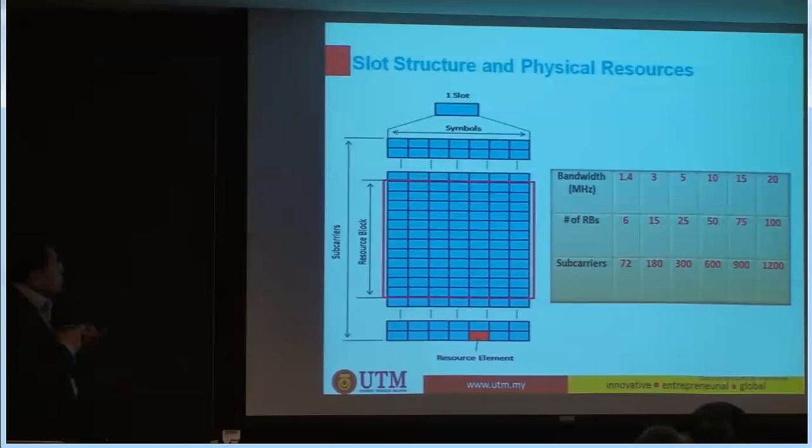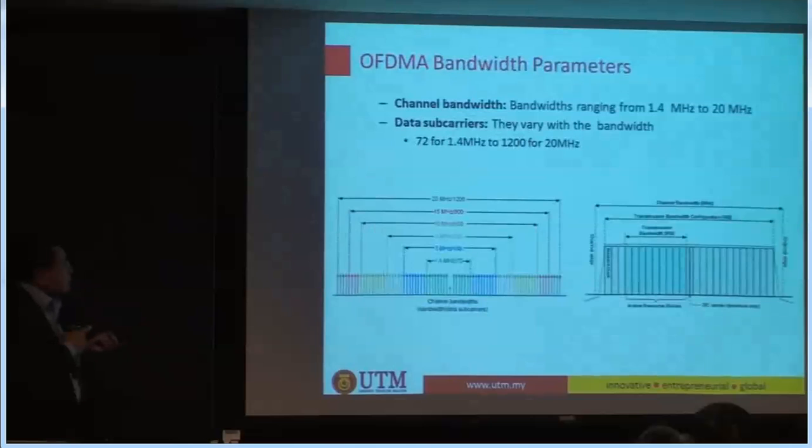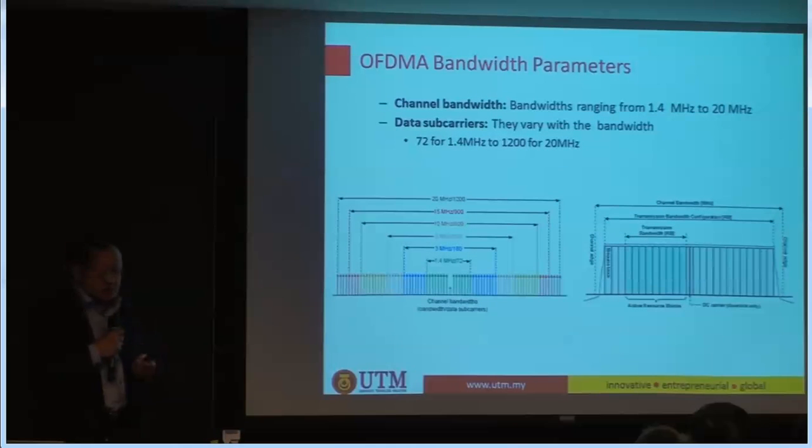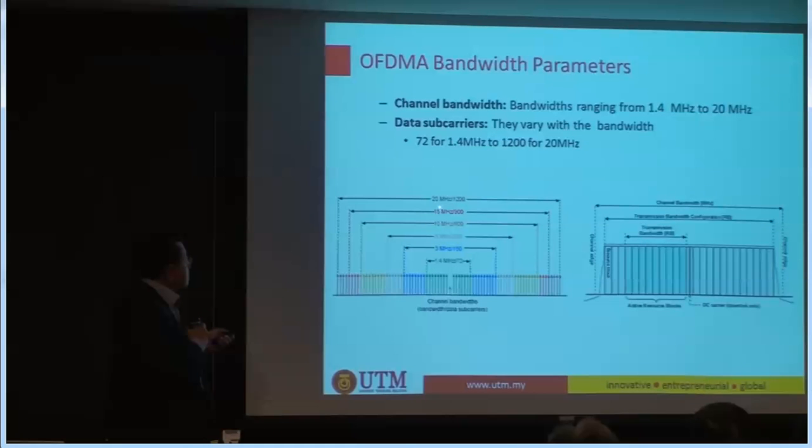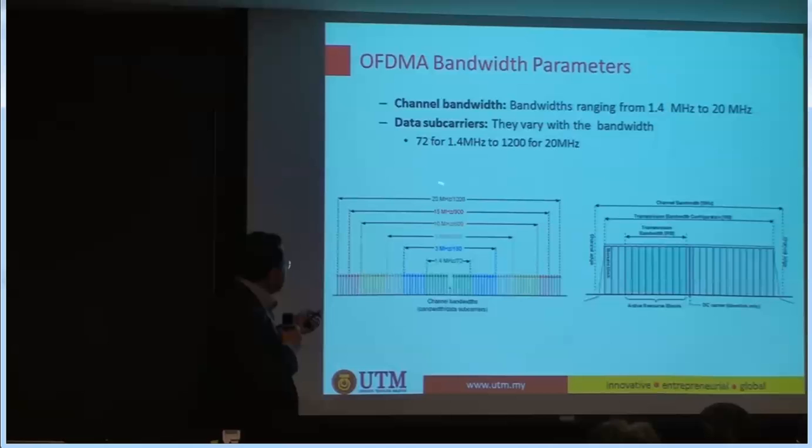We saw that yesterday, and there was a question from a participant yesterday. We have 20 megahertz, for example, but the bandwidth when we calculate is not directly occupied 20. When we say 1.4, 3, 5, 10, 15, 20, that is the channel bandwidth. So the occupied or transmission bandwidth is less than that.